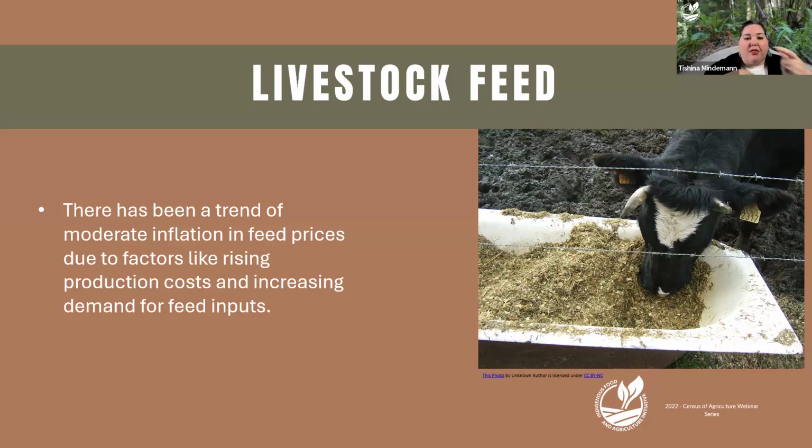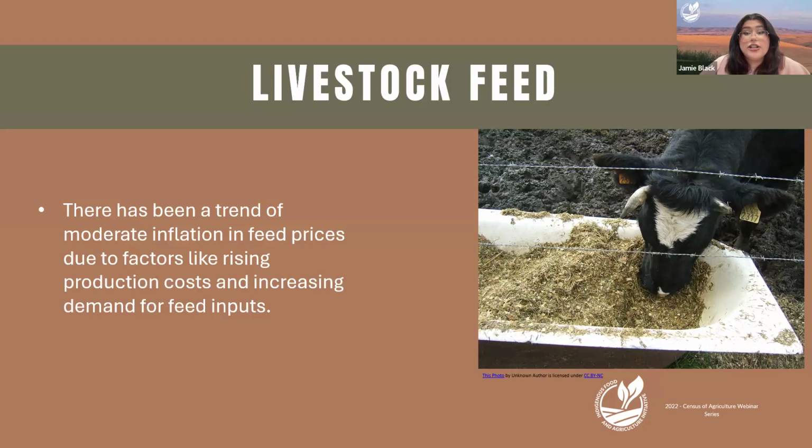So you're having to put 3 pounds of food into that cow to make 1 pound of meat. And so while chicken producers may not be hit as hard with increases in livestock feed, your cattle producers, your bison producers, any kind of large animal like that, you're gonna get hit pretty hard due to those increases in livestock feed for sure.